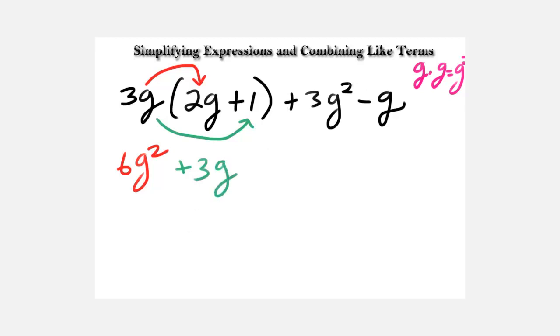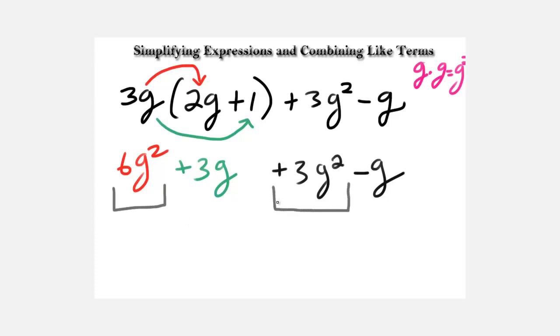And here you don't have to do anything, we'll just bring it down, so positive 3g squared minus g. Okay, so we're left with this expression here. So let's try to combine things that are the same. All right, we have 6g squared and we have a positive 3g squared. So 6 and 3 gives us 9. 9 of what? 9 of the g squared.